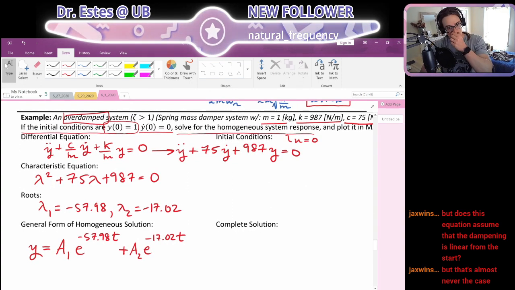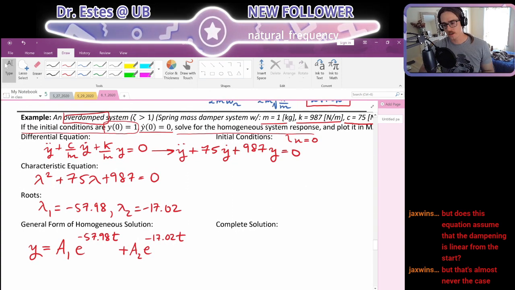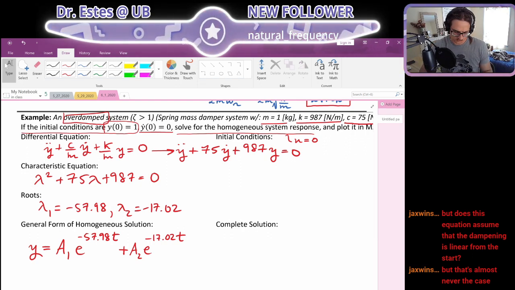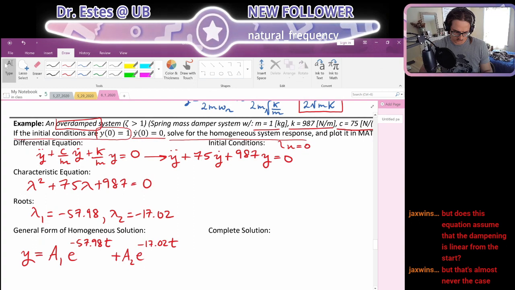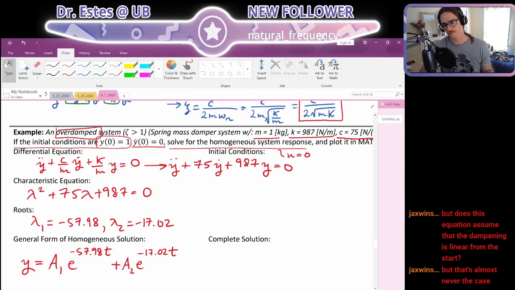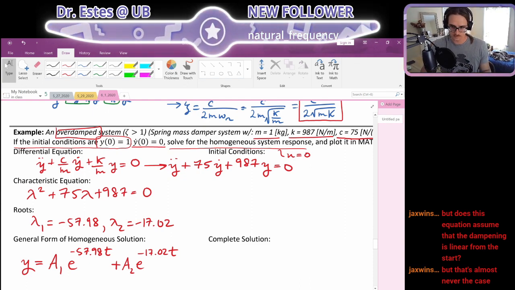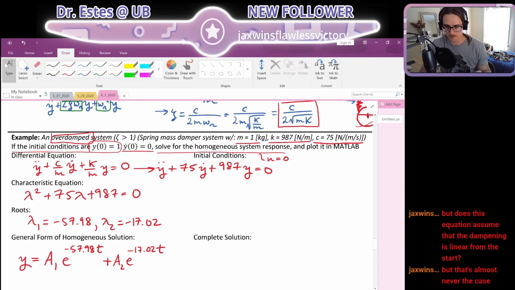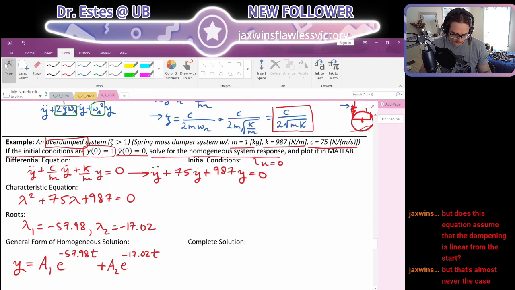But it's very good for modeling a lot of systems. And we're starting simple. That's a good place to start. You don't want to start with the most complex nonlinear case.